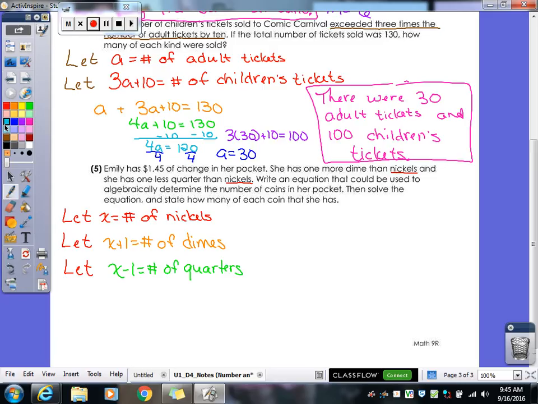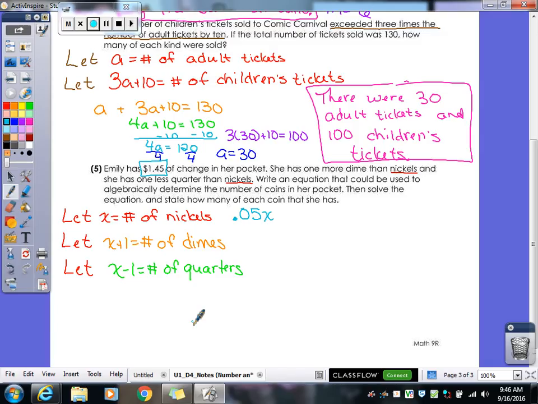Now for the equation, the tricky part is that she has $1.45. When we go to write our equation, we have to remember to include the value of the coins in the equation. So a nickel is worth how much? But how do we write that? 0.05x.